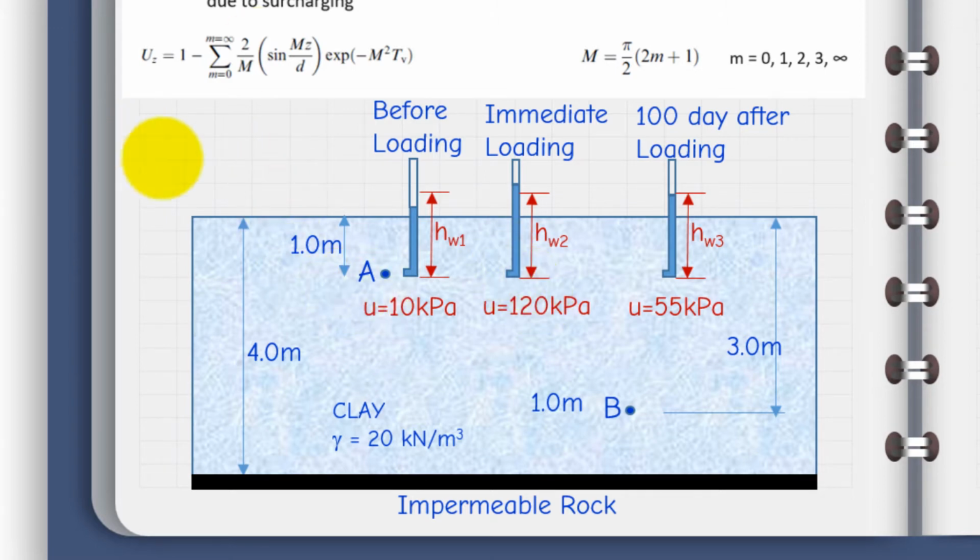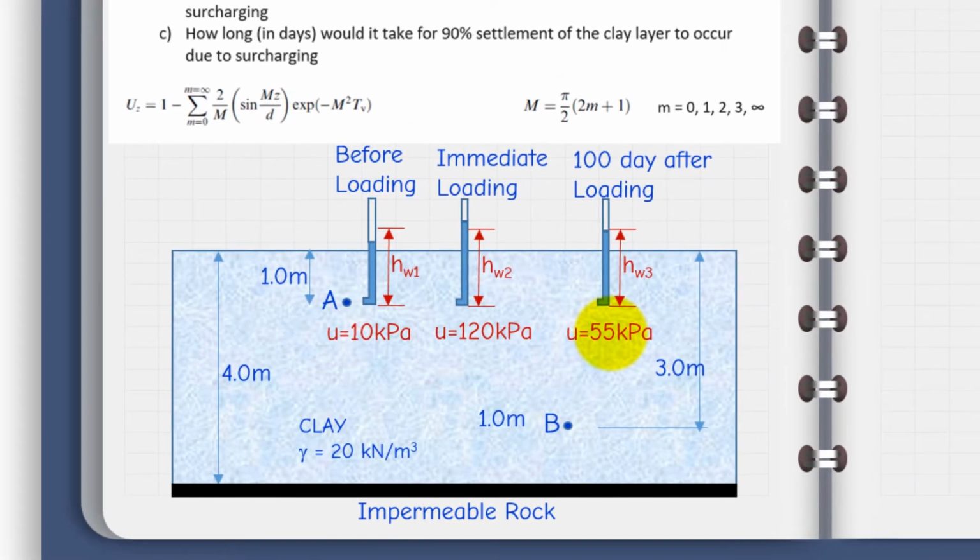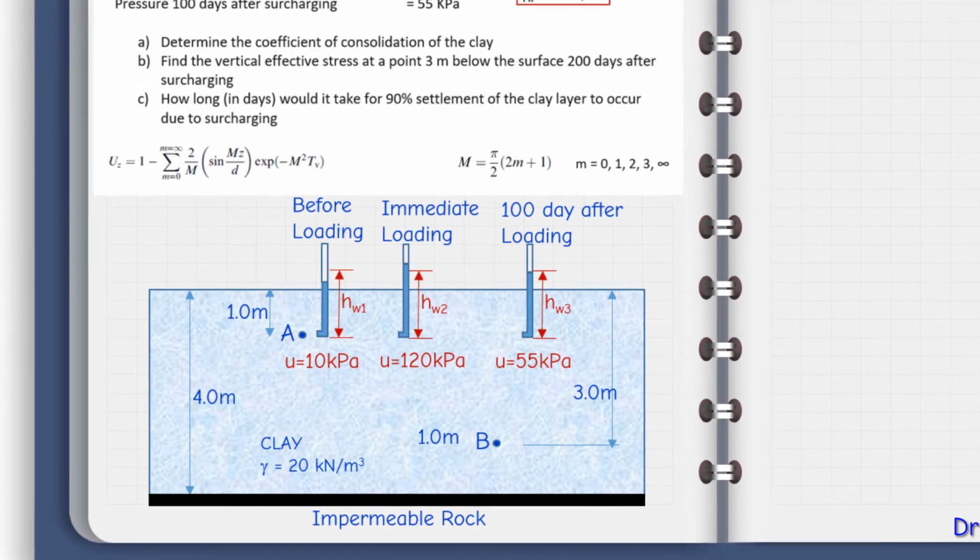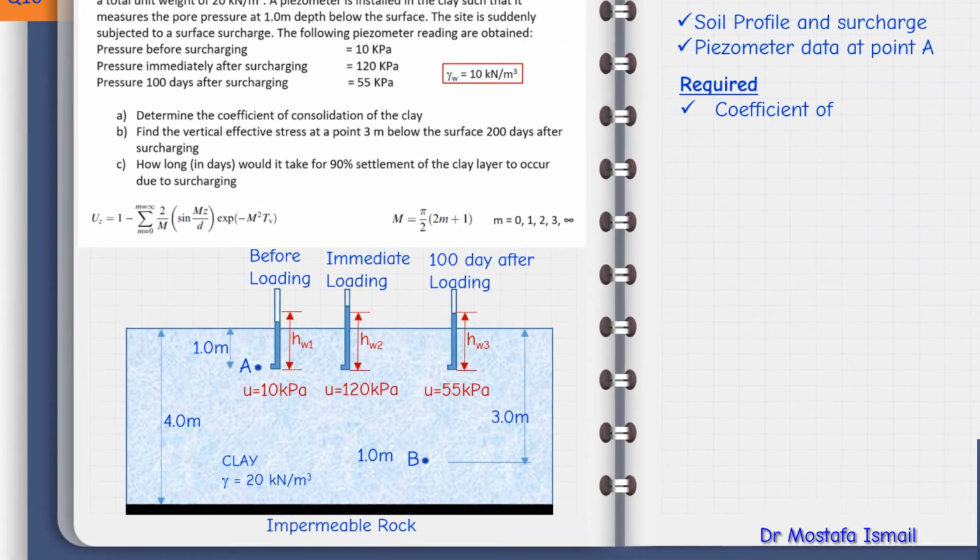When it was placed immediately, the piezometer reading gave 120 kPa. After 100 days after loading of the surcharge, the reading of the piezometer dropped back from 120 kPa to 55 kPa. So this is the data we are given in this problem.